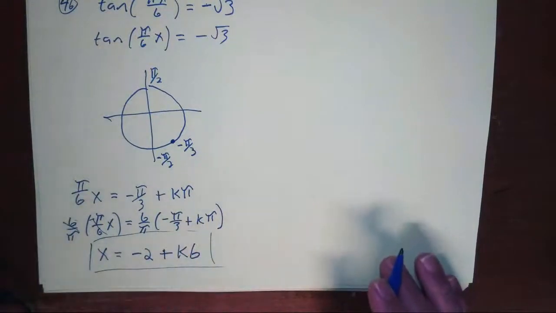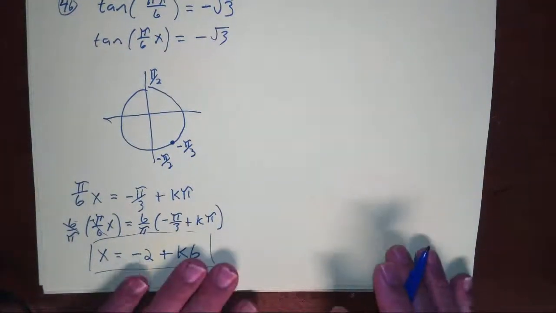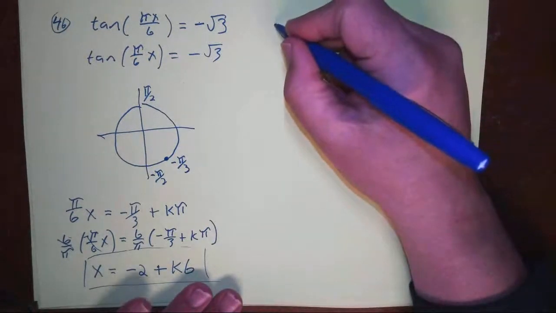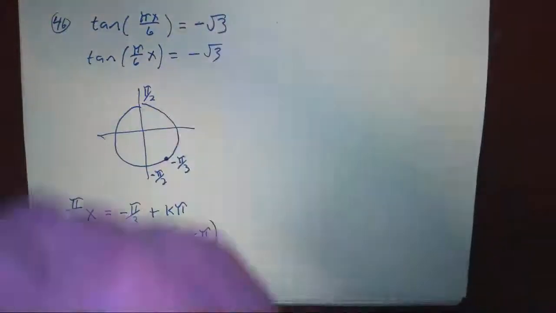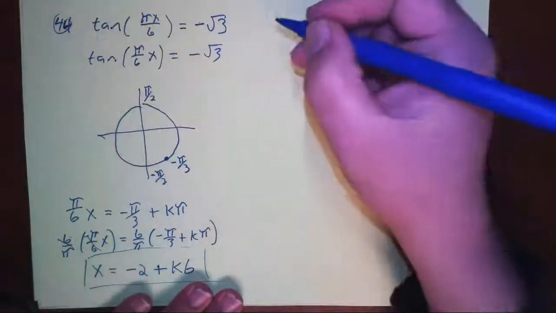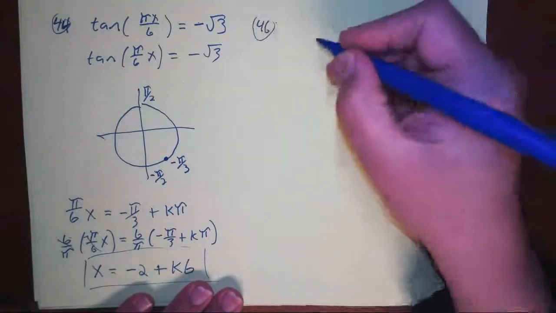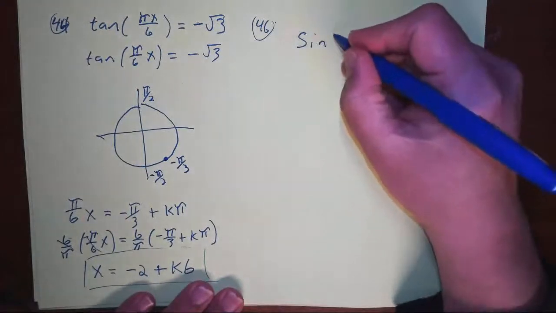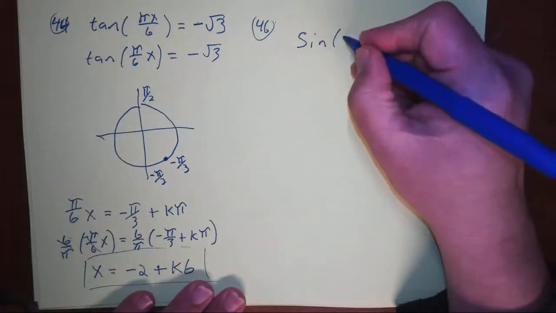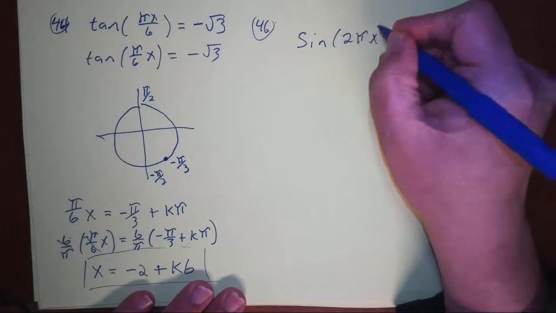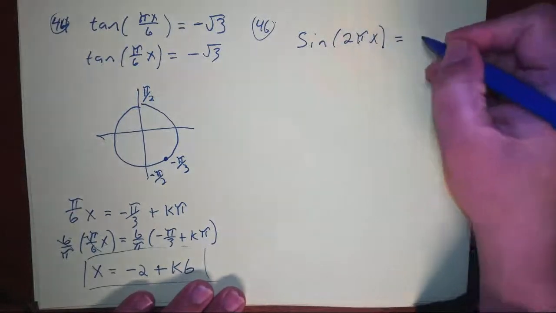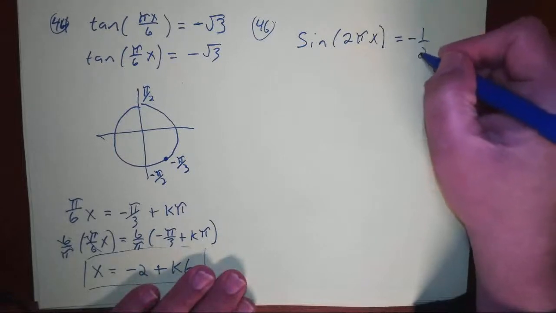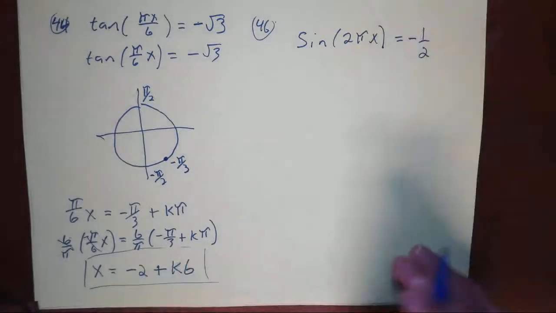Okay, so the other one you had here was sine. This is more like 44, 46, so I'll do one here. We'll say it's sine of 2 pi x is equal to negative 1/2 here instead of positive 1.